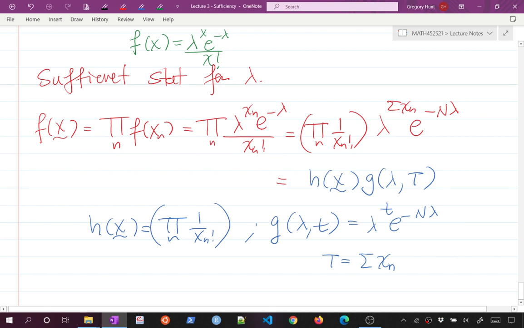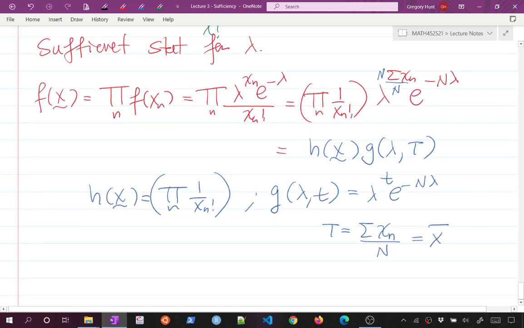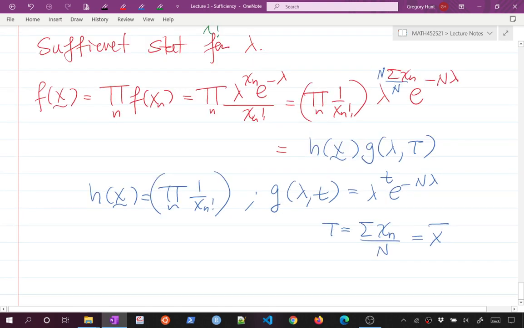Another thing I could do, which is maybe more satisfying, is I could rewrite. So let me do a little trick here. I could multiply by n and then divide by n, right? Which would allow me to make my t actually x bar. It doesn't matter, again. Any one-to-one function of a sufficient statistic is sufficient for exactly this reason. I can add in, say, multiplication.